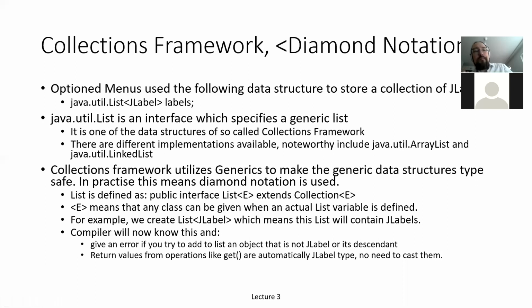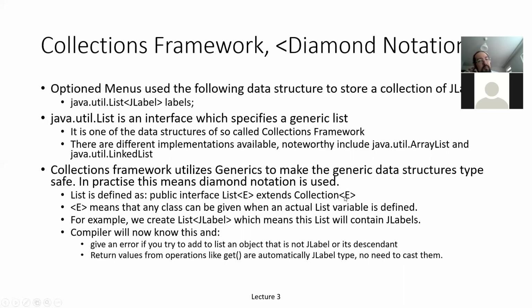And yeah, that makes code easier to read, because when you do this, the compiler knows that, okay, this list will only contain these three labels, for example, so you can directly add them there. When you get something out of there, they are JLabel type things. And yeah, on the definition level, you can see that there is this generic. If you look at the specification, you often see List<E>, for example, extends Collection<E>.